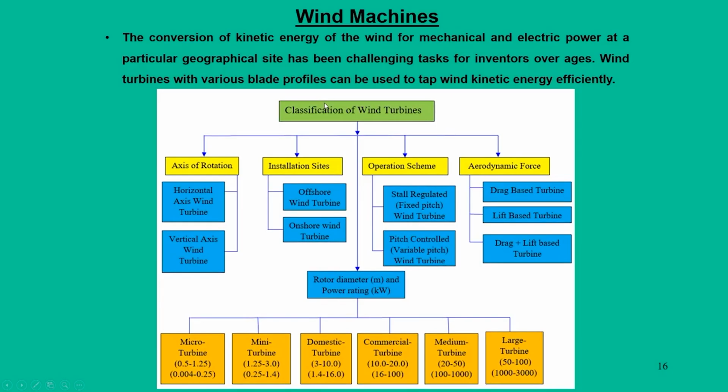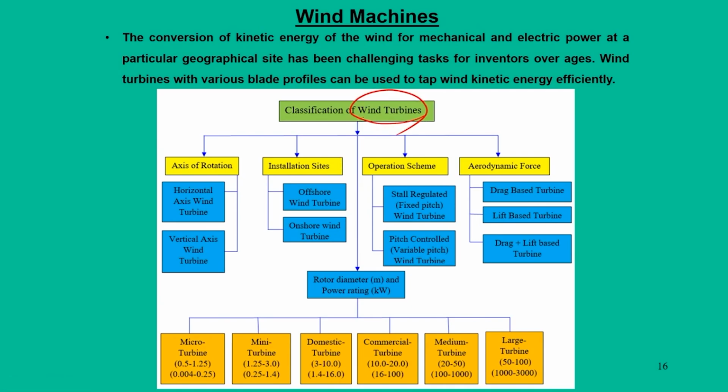So, we have shown two fluid mechanics principles, one through Bernoulli's theorem, the other through Magnus effect, of how we can harness power from wind using these machines. Wind machines are commonly known as wind turbines, because these machines produce power. Whatever produces power we call a turbine.